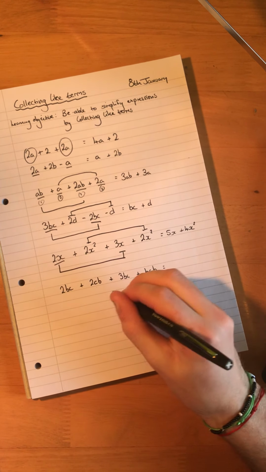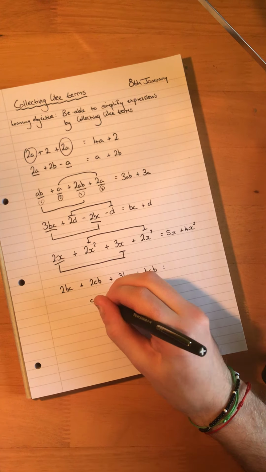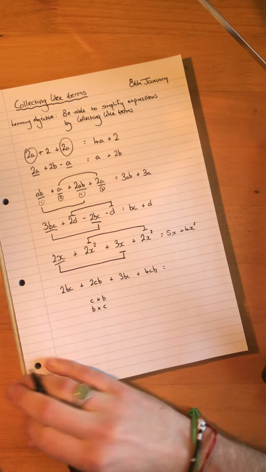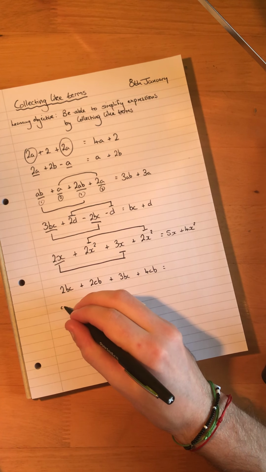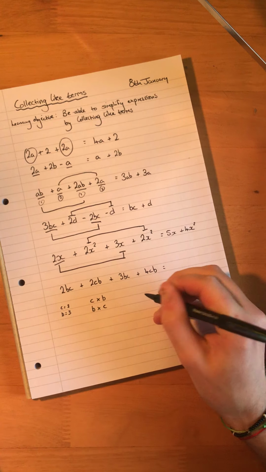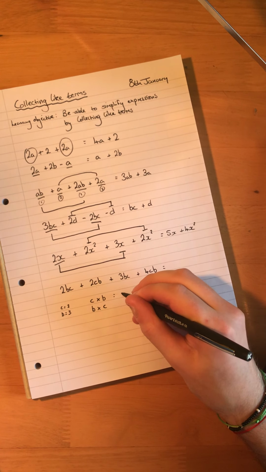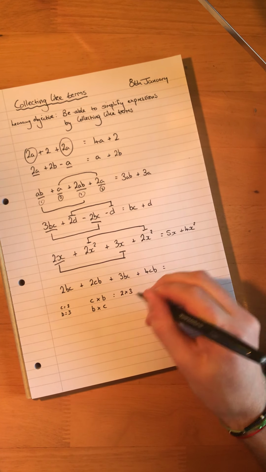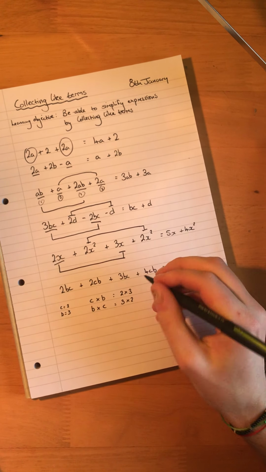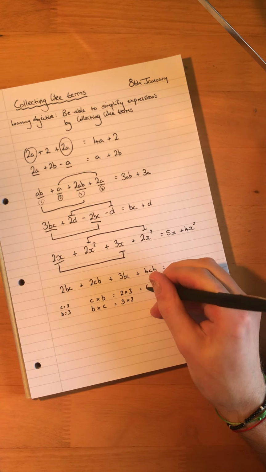So let's work that out, right? So we've got C times B and B times C. Let's say C is 2 and B equals 3. You would do 2 times 3 and you would do 3 times 2. What's 2 times 3? That is 6.